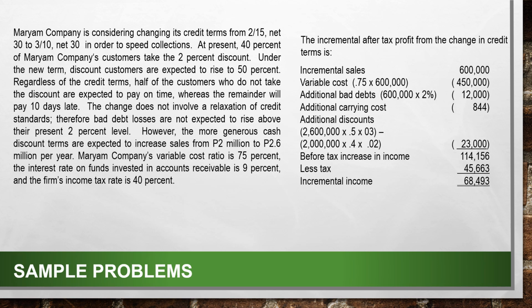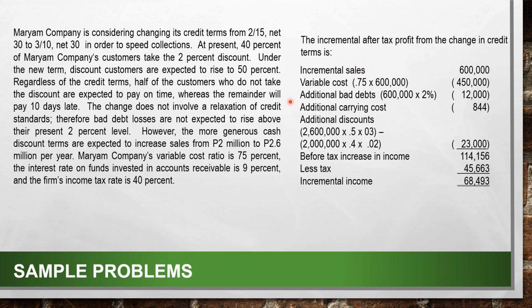So our incremental sales is 600,000, right? From 2 million to 2.6 million, so there's an increase. That's why we put incremental. Increase in sales, 600,000. We get the variable cost of that, and that's 75%, so we have 450,000.